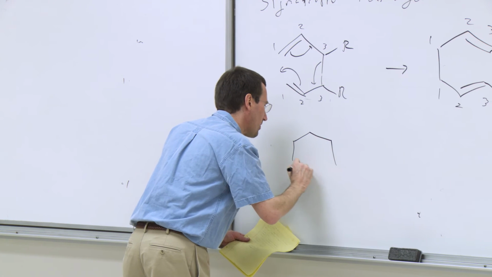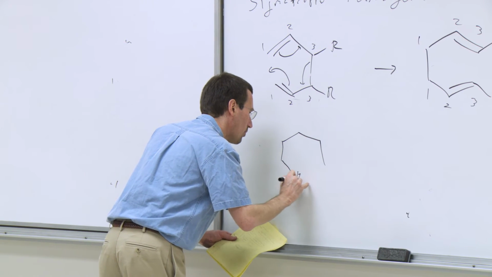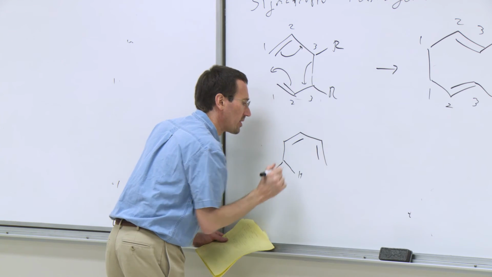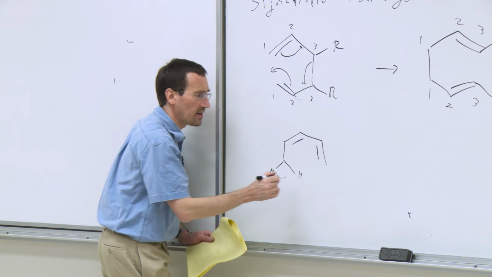Here's another common run-of-the-mill sigmatropic rearrangement, and I'll draw the curved arrows and the new bonds that form.